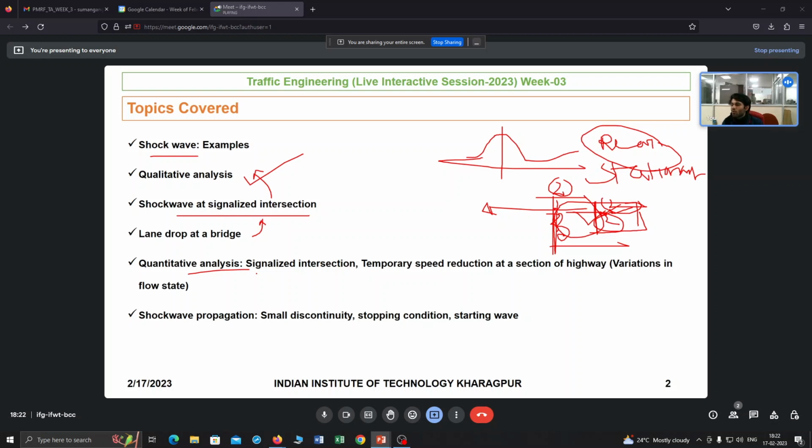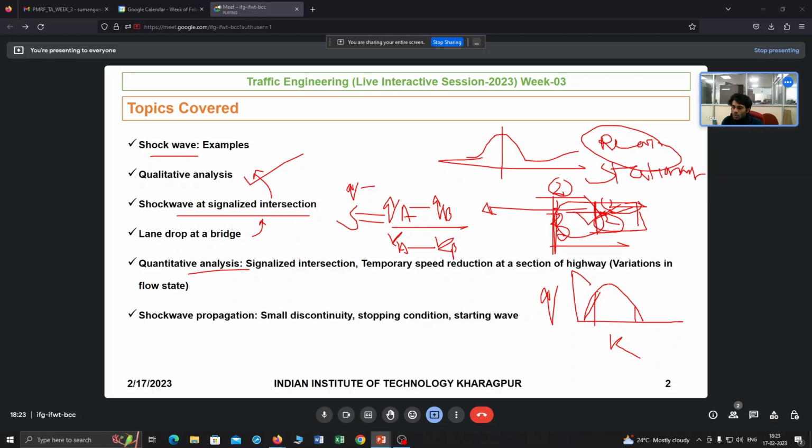But what we want to see here is that the final formula is, if the speed of the shock wave is s, then it is basically s = (qB minus qA) divided by (kB minus kA). If you see, this is the qk curve, right?